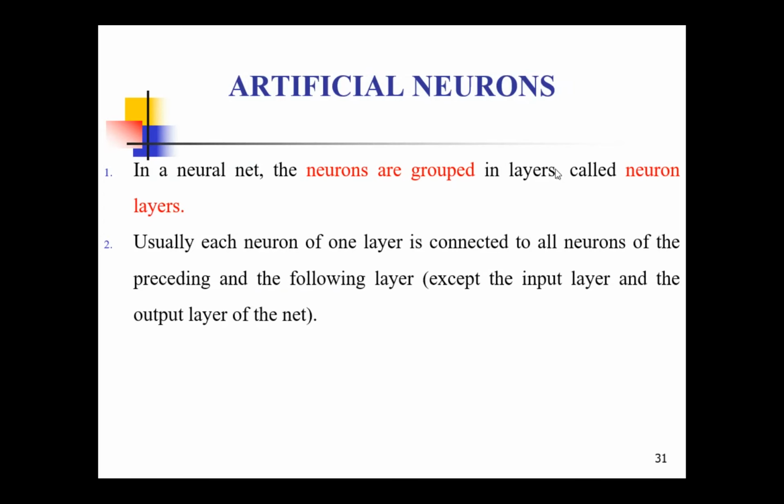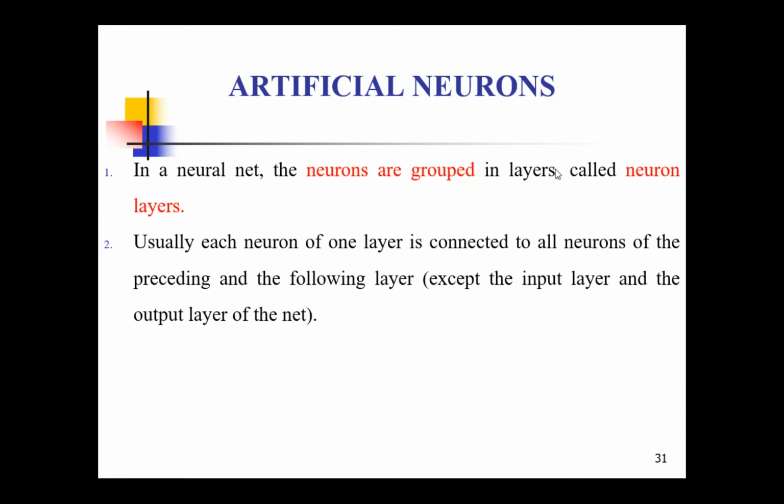For example, if I am going to have 3 input variables in an input layer and simultaneously 3 output neurons, so 3 input neurons X1, X2, X3 and 3 output neurons Y1, Y2, Y3. Then X1 should be connected with Y1, Y2, Y3.